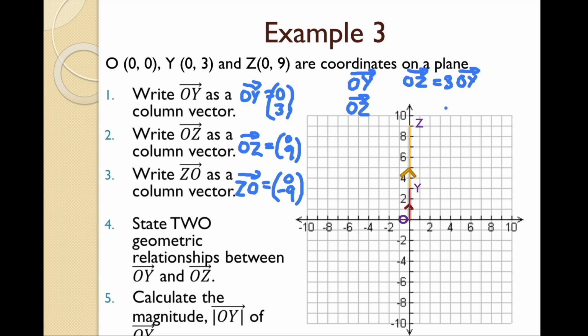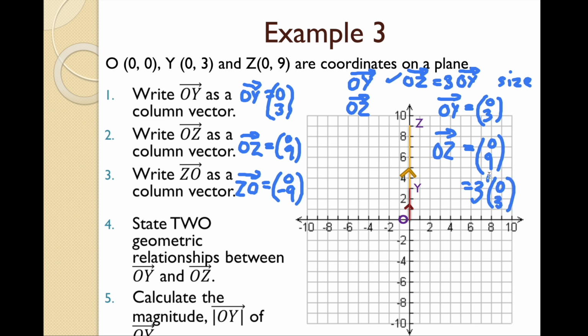So if I was to write that out how we do it, this is our first comment. This refers to size. This is the size aspect of it. So OY is equal to 0, 3, and OZ is equal to 0, 9, but we say that's 3 times the size, right? So that's like having a 3 outside and 0, 3, right?